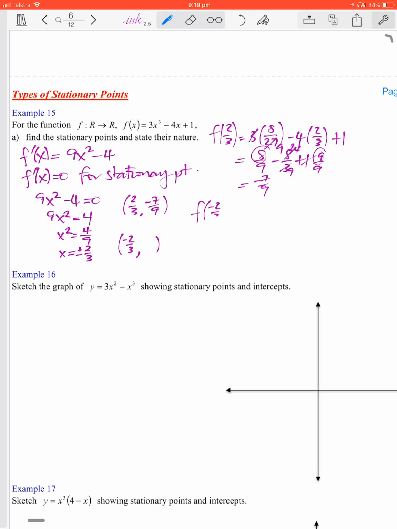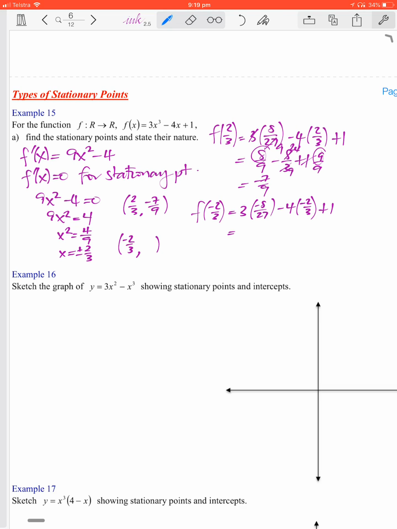f of negative 2 on 3. When I cube it, I get 3 times negative 8 on 27, minus 4 times negative 2 on 3, plus 1.